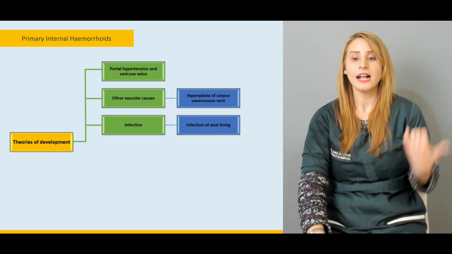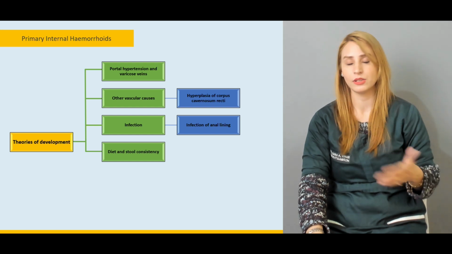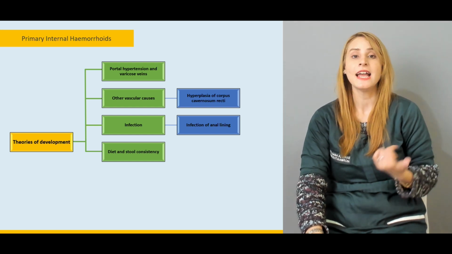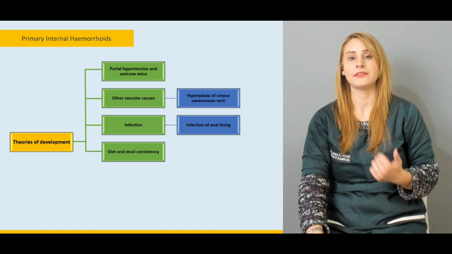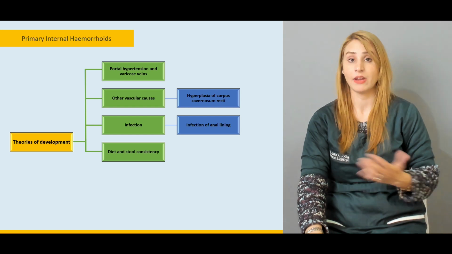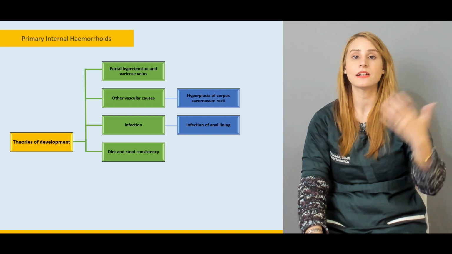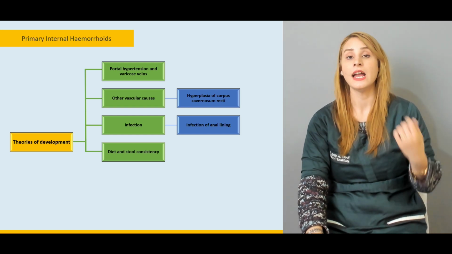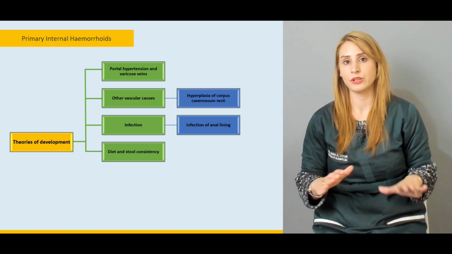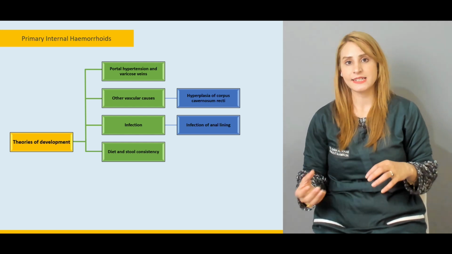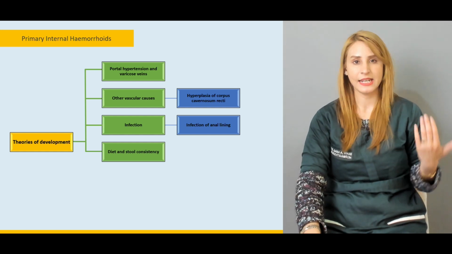So this is at least unlikely, but there can be infections of the anal lining, because most of the time it is in contact with the stool, and we know that the anaerobic bacteria and gram-negative cover are the flora of the intestine, and sometimes they can come along the stool. If there's damage to the lining of the anal canal, a chronic constipation, or a fissure, that can lead to the development of infection. There can be diet and stool consistency.